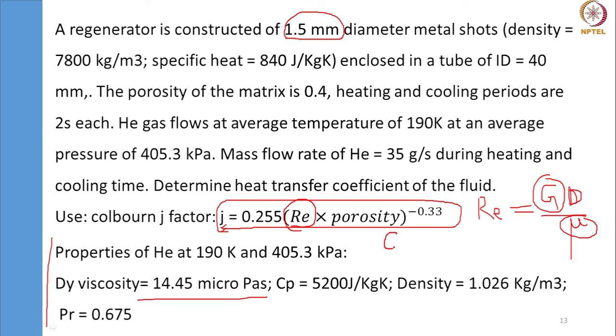Mass velocity I define in this way: m dot by free flow area. I know m dot, that's already given in the question. Now again I am down to finding the free flow area.